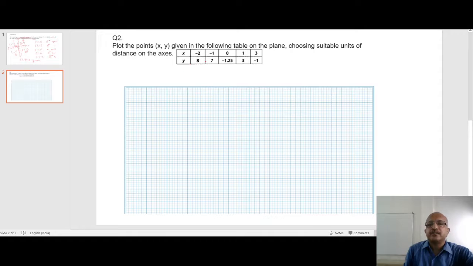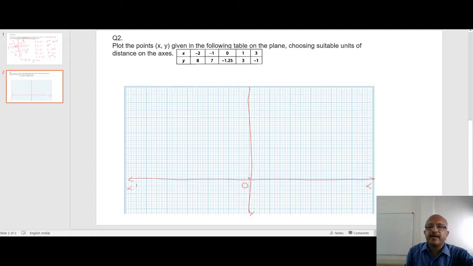Y is up to 8 on the positive side and up to -1.5 on the negative side. Okay, this is all my rough work children. You have to make proper arrows, origin, everything to score the marks.